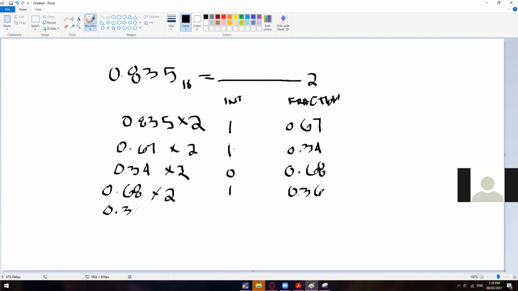Then 0.36 times 2 is 0.72. 0.72 times 2 will give us 1.44.